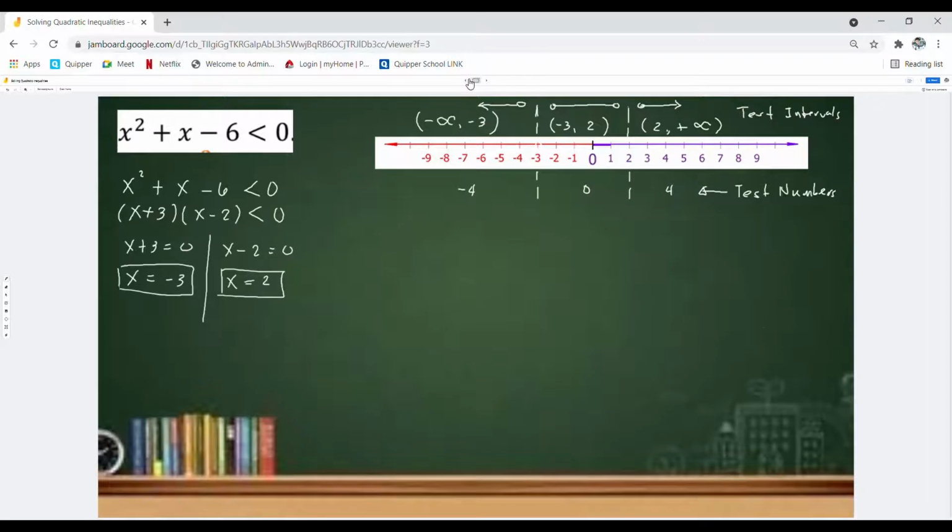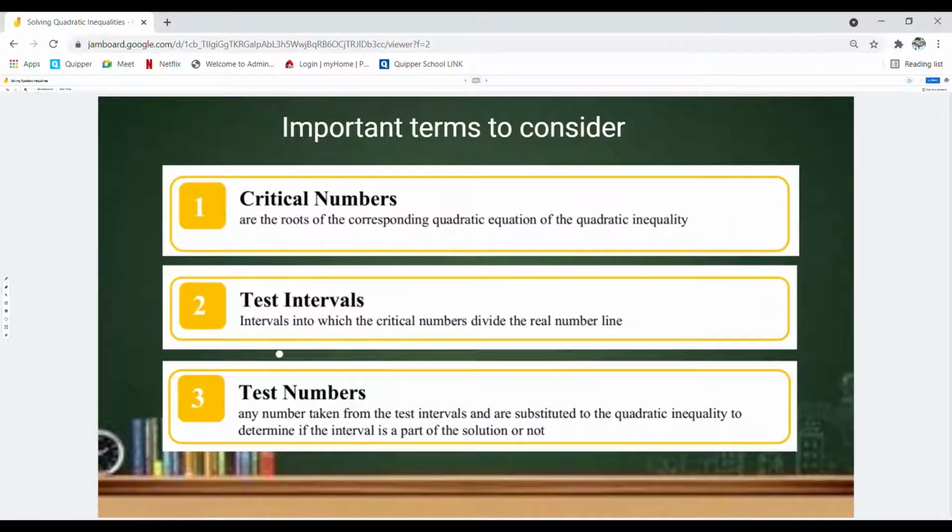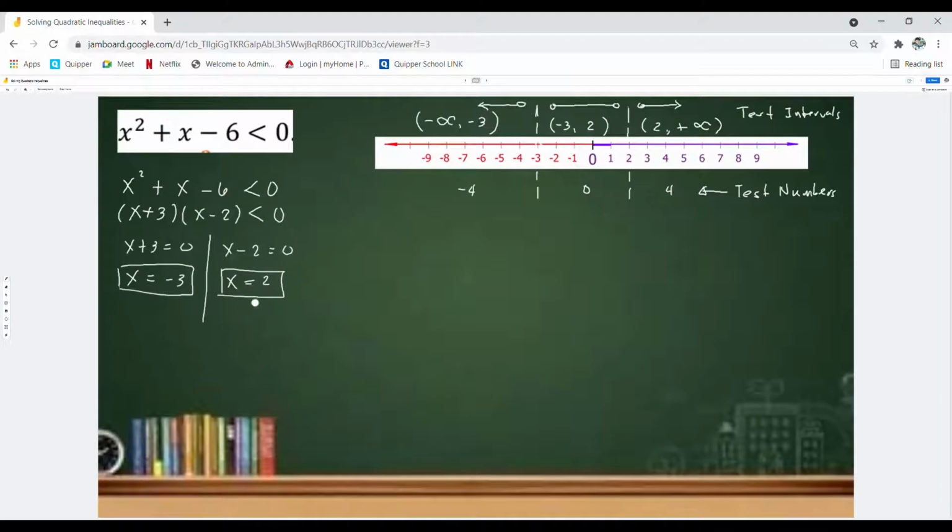As you can see in our previous terms here, test intervals, the test numbers, and so we have already the critical numbers complete. We got the 3 important terms, and so we are now going to test these numbers using the factored form, but you can also use the original inequality.